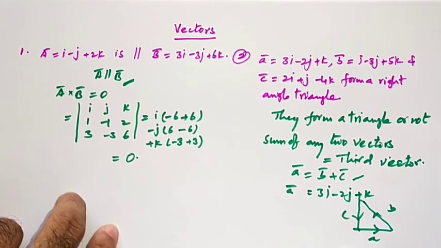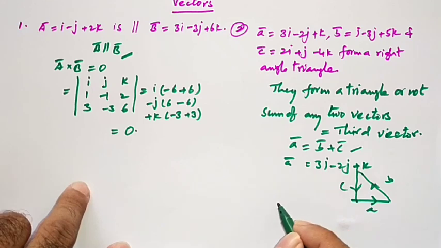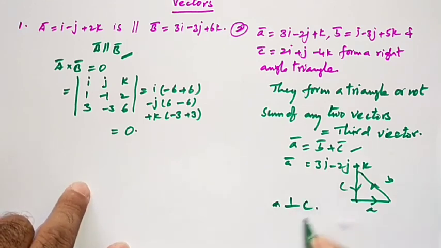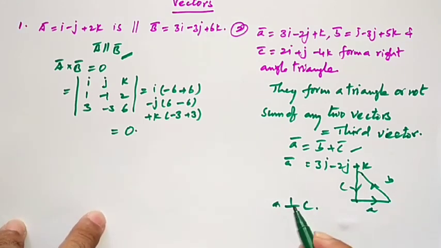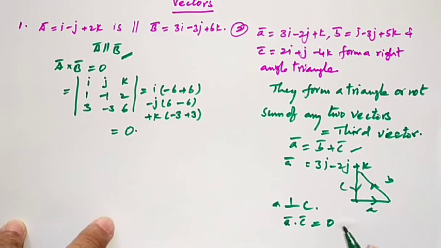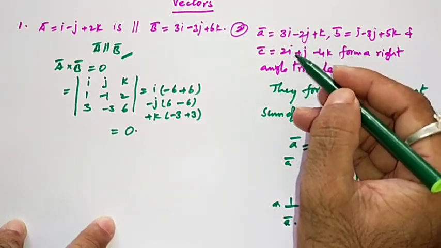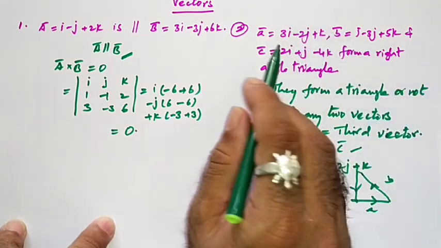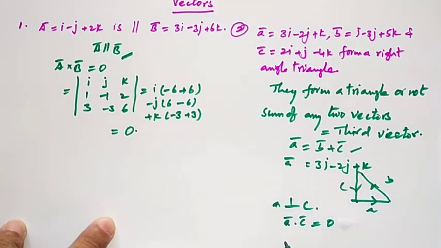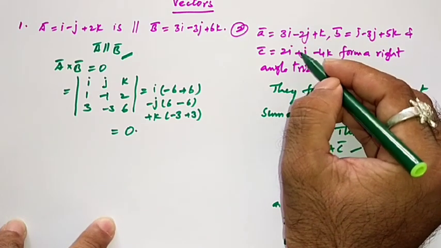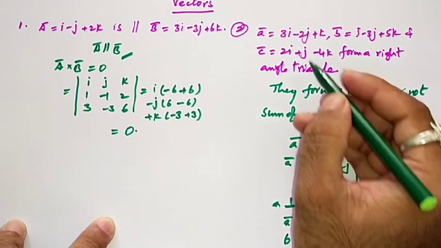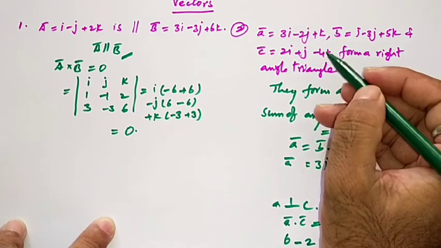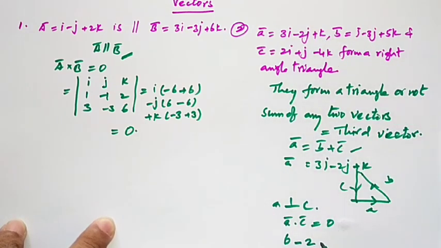How to check? If they form a right angle triangle, A should be perpendicular to C. When two vectors are perpendicular their dot product should be equal to 0. Now let us see whether A dot C is 0 or not. 3 2s are 6, minus into plus, minus 2 1s are 2, plus into minus, minus 4 1s are 4.